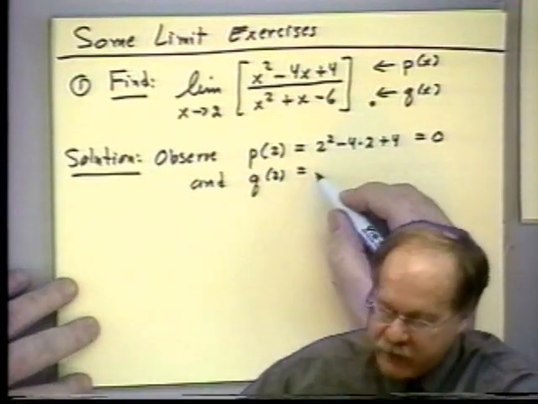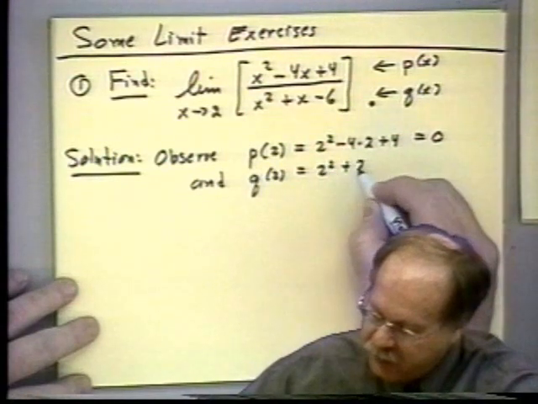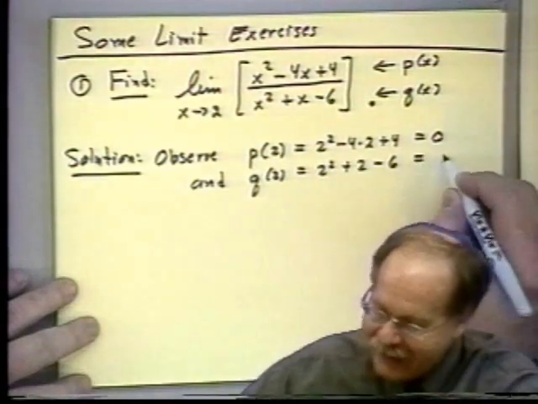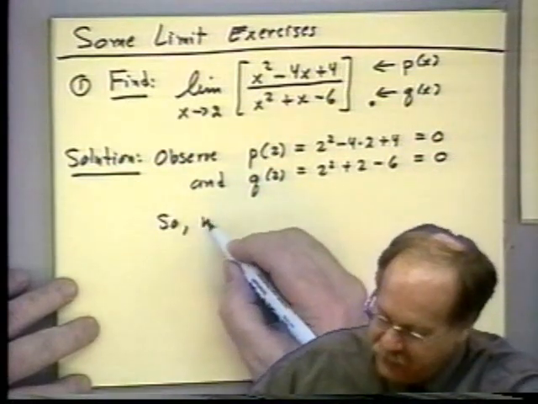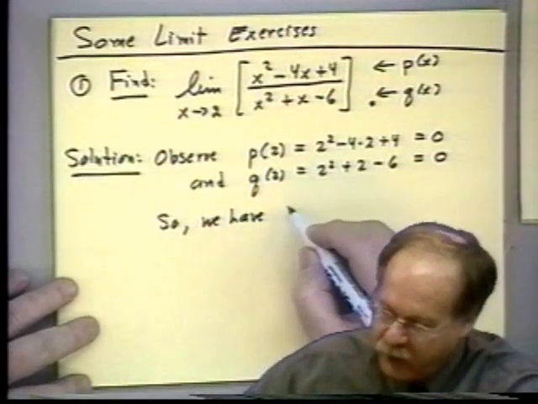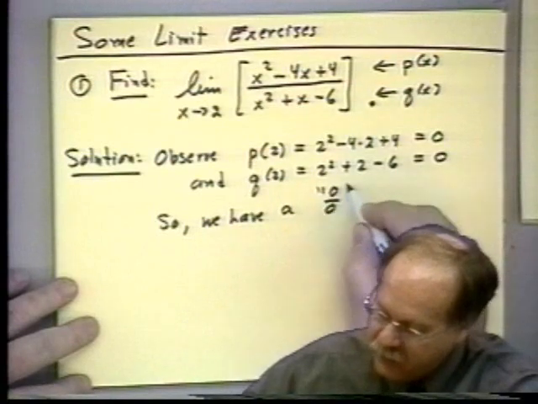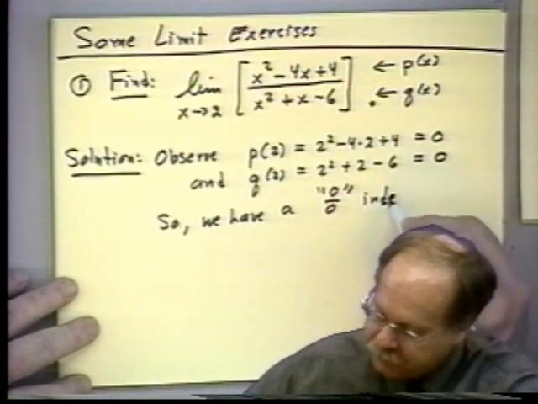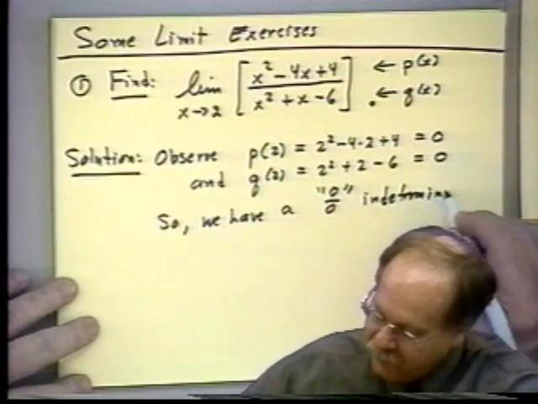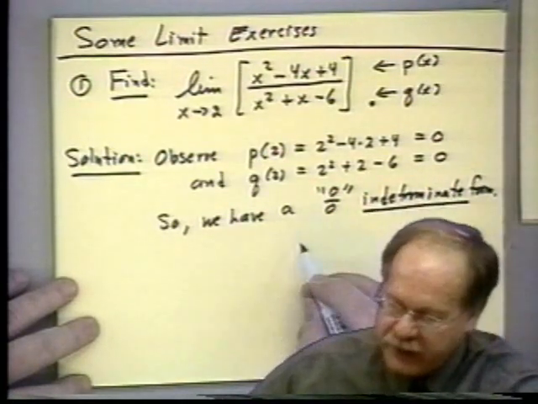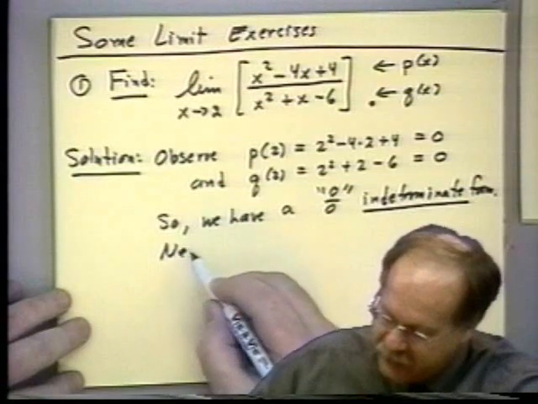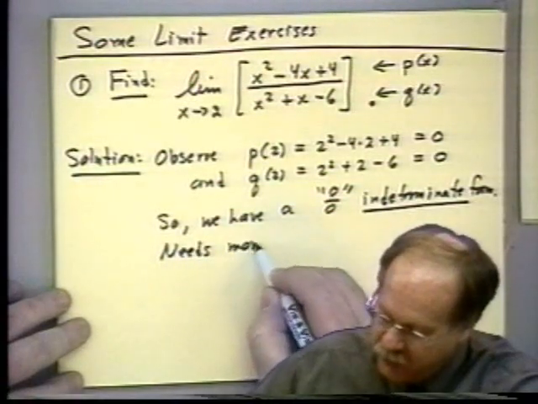If we put 2 in for q, we get 2 squared plus 2 minus 6. That is also 0. So, what does that mean? That means we have what we called a 0 over 0 indeterminate form. That is a form that is not determined. That's why it's called indeterminate. And so what did we say in that case? Needs more work.